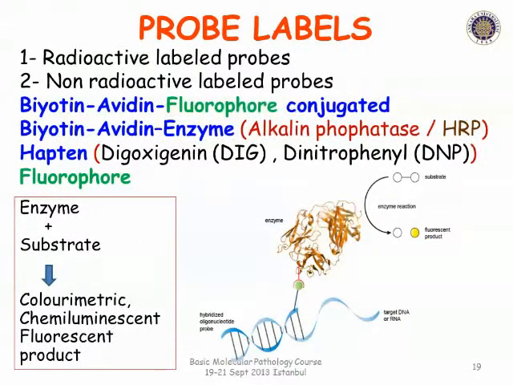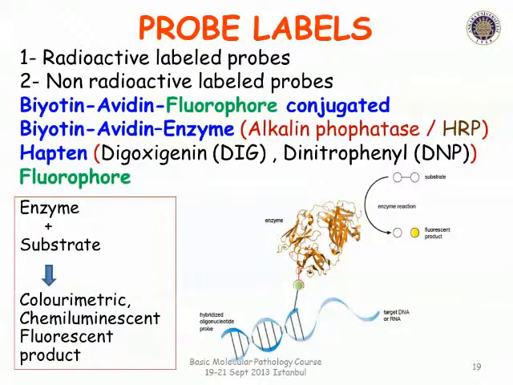There are several labels for probes, and the labels are important in order to decide which instruments you use to examine your hybridization, and also for the sensitivity of the results. So there are biotin, avidin, fluorophore conjugated labels. There are also enzyme conjugated labels, hapten conjugated labels. These are all working like immunohistochemistry.